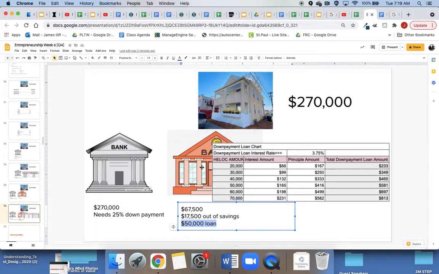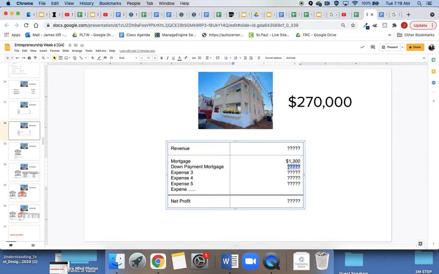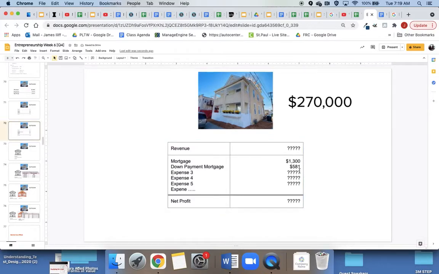So then that would go right here, down payment mortgage would go right here, 581. So you can already see that we've got two of our expenses here.